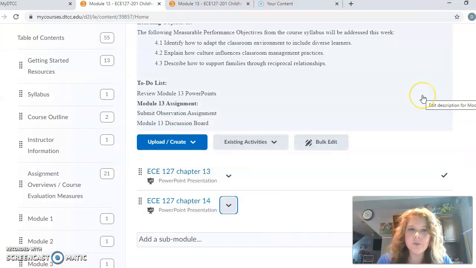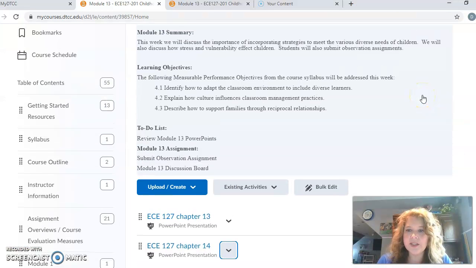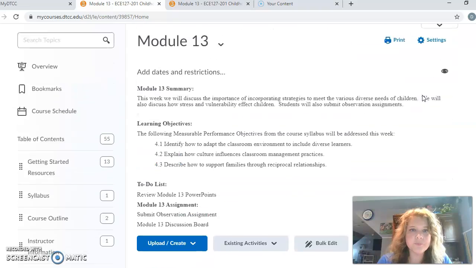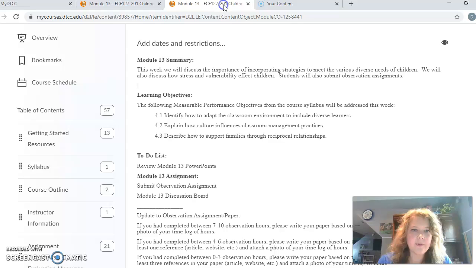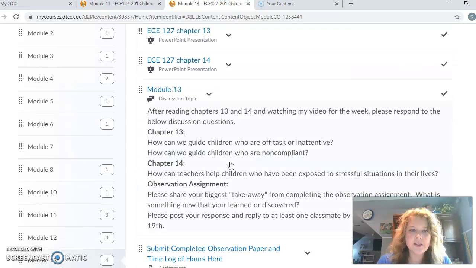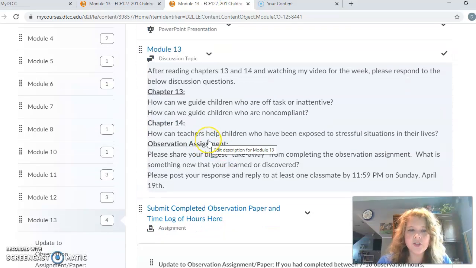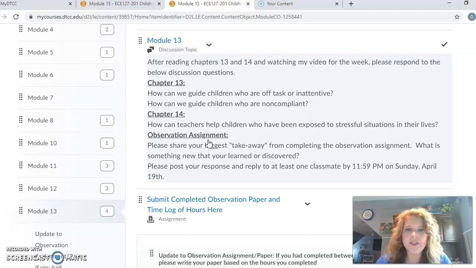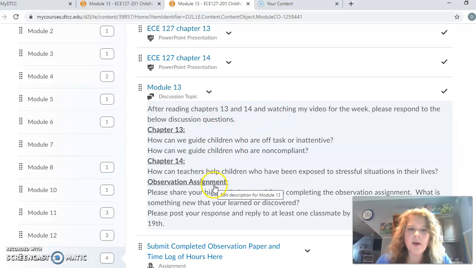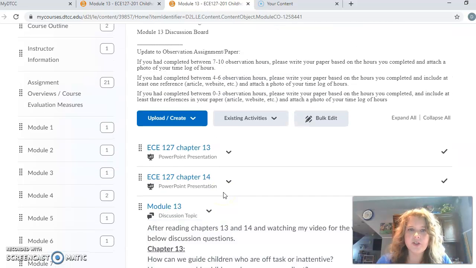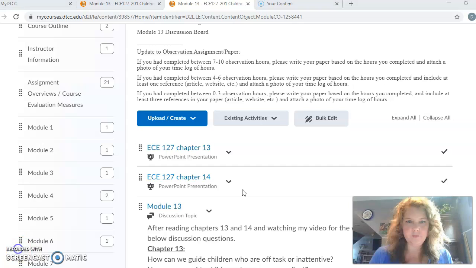Okay, so please read over chapters 13 and 14 in your text. Also this week, you have a discussion board. The question for chapter 14 was, how can teachers help children who have been exposed to stressful situations in their lives? So that was the last one I just went over. And then also your observation assignment is due this week.